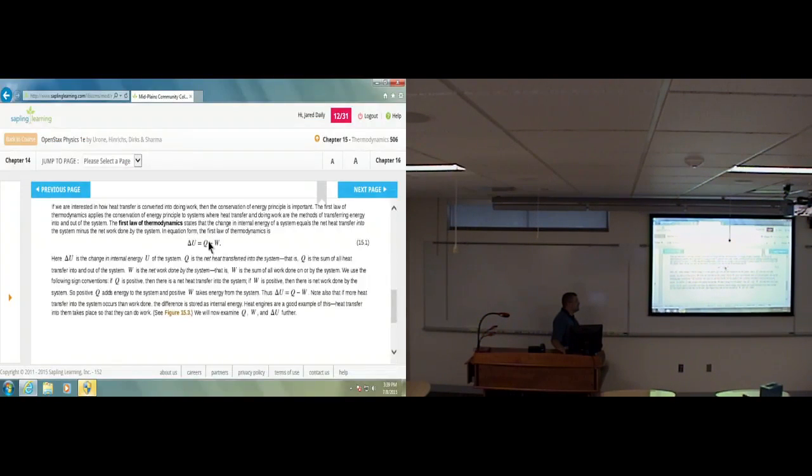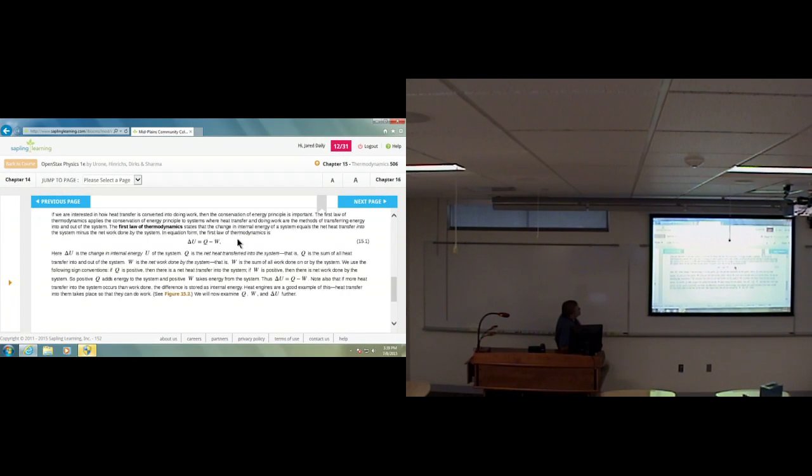Essentially what you have is the change in internal energy, which we're going to call delta U of a system, is equal to the amount of heat flowing into or out of the system minus the amount of work done by the system. The minus is important, and the work done by the system is important.